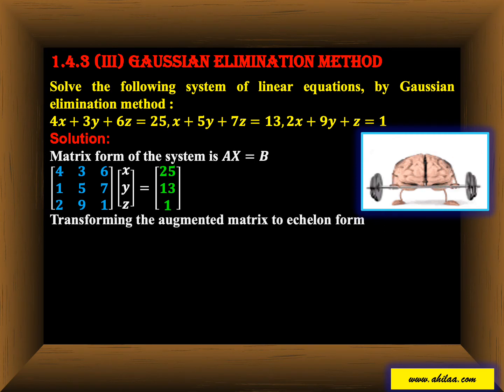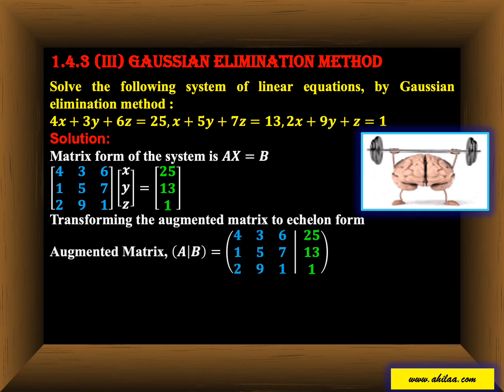Now what is the augmented matrix? Our aim is to transform the augmented matrix to echelon form. So augmented matrix A comma B equal to, first write the A matrix, bar, the constant matrix. Row echelon form means we try to keep the first element A11 as 1.